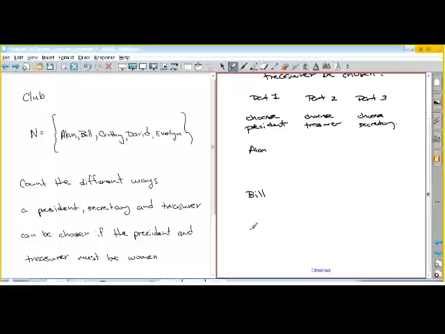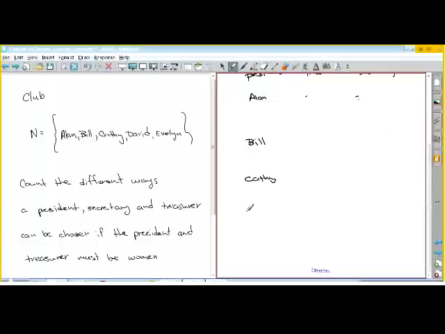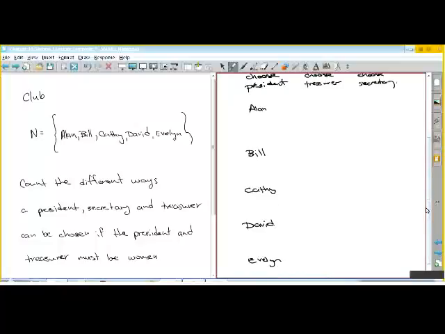Those possibilities are Alan, Bill, Kathy, David, Evelyn. Now, we do have the rule here that you can't be both president and treasurer and secretary.